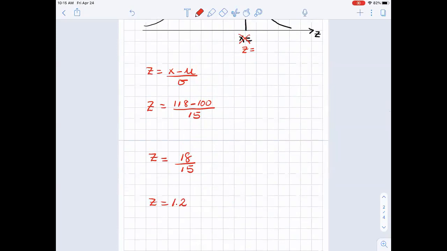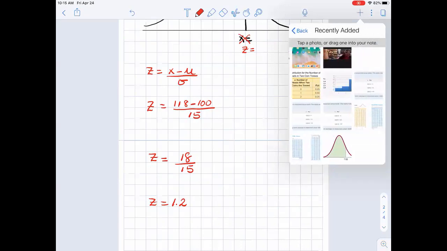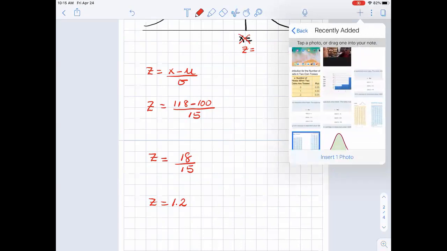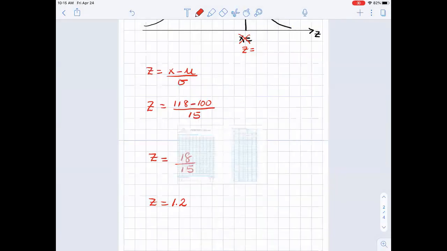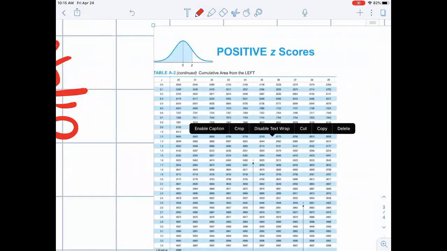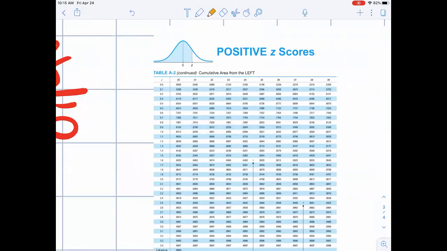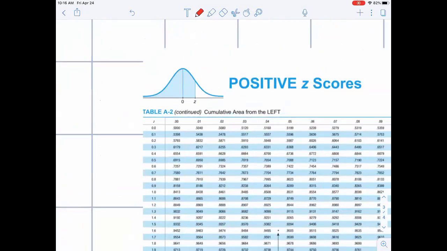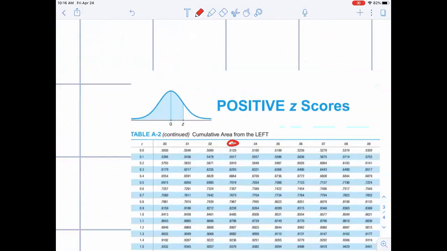Now, please remember, when you look up Z values on the table, notice that your Z values on the table are 2 digit numbers. Any one of these values are 2 digit numbers.